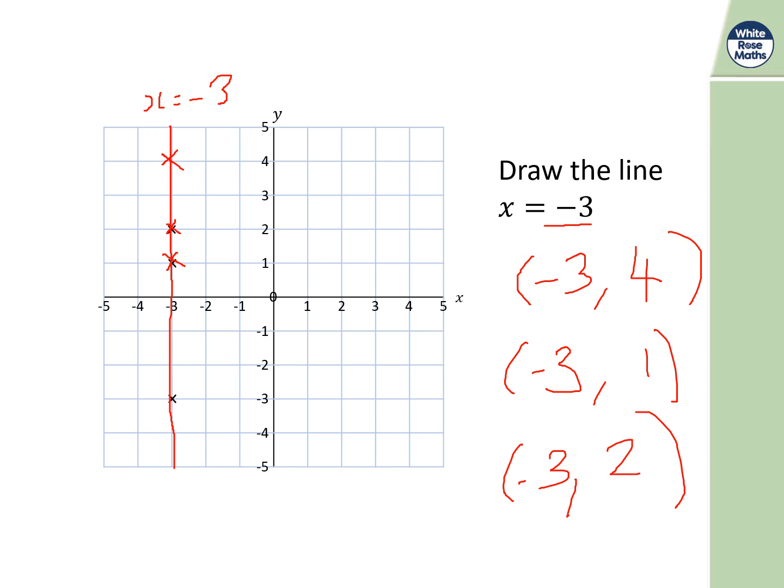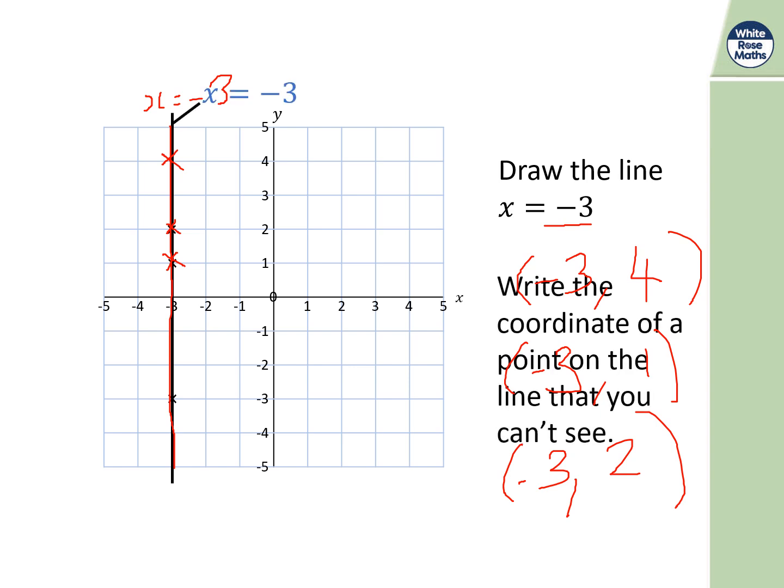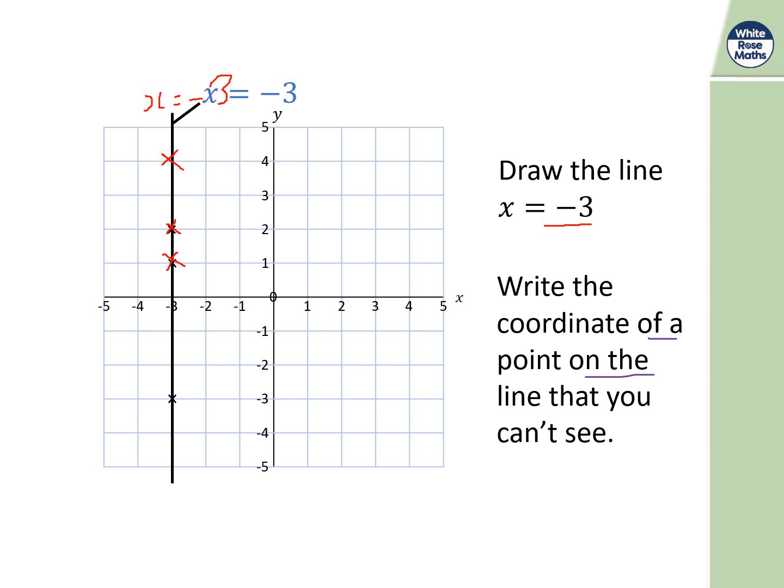So we've plotted some points that you can see. This next part here, let's delete those as well. Write the coordinates of a point on the line that you can't see.